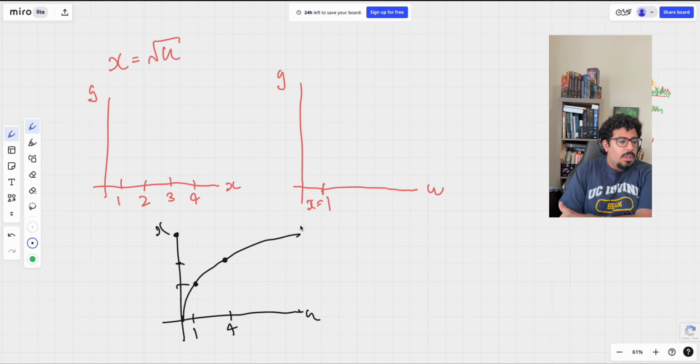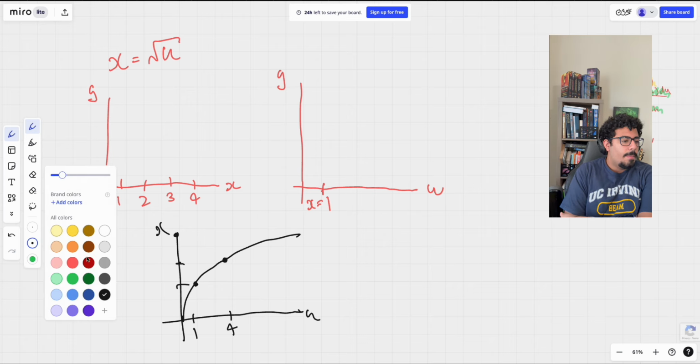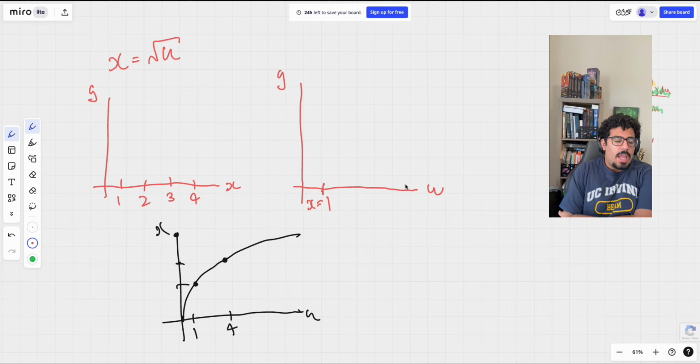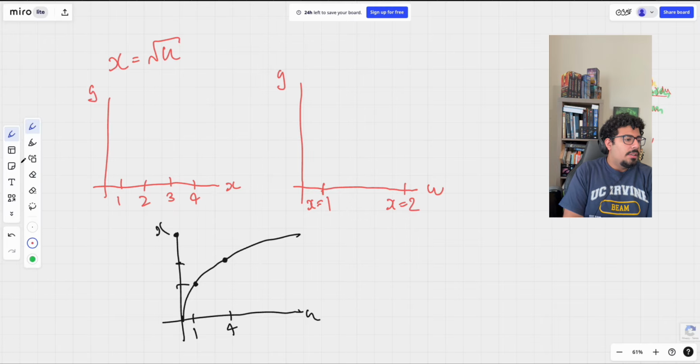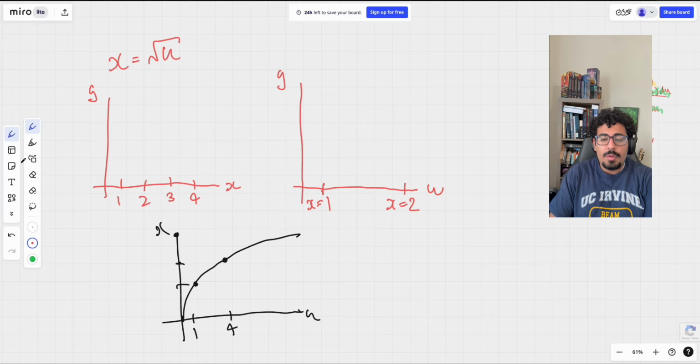So we've stretched the x-axis, and that's what the coordinate shift really is for this one dimension.